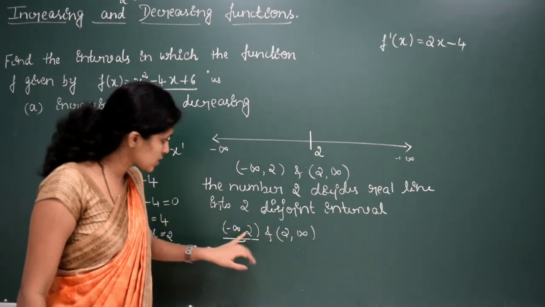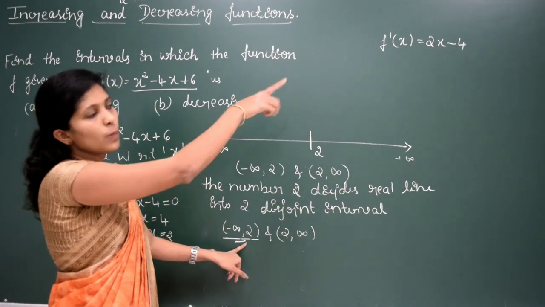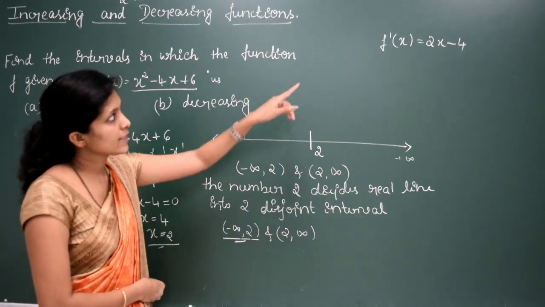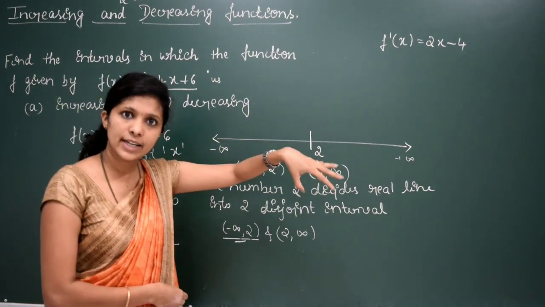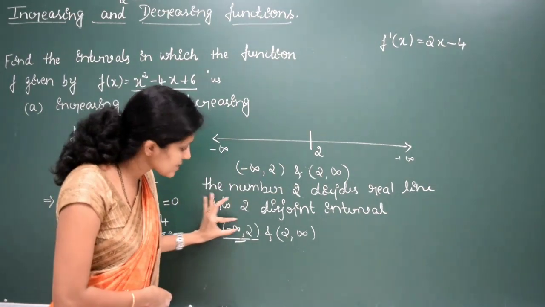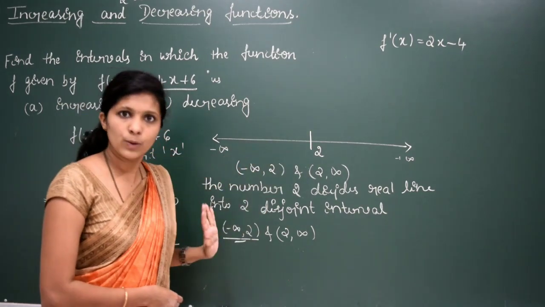Negative values are also possible, or 1 is also possible. If I substitute 1, what happens? 2 minus 4, you will get a negative value. If I substitute minus 5, then minus 5 into 2 will be minus 10, minus 4. Again it is negative, right? Substitute any value between minus infinity and 2. If you substitute 2, obviously it will be equal to 0.